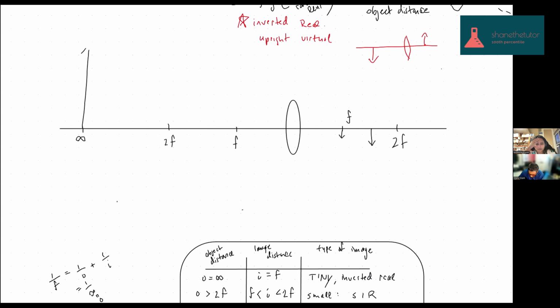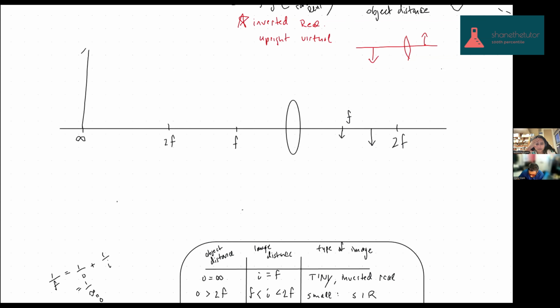And the size will not change, because if we go back to this, image distance and object distance at 2f are equal, so this magnification term is just 1.